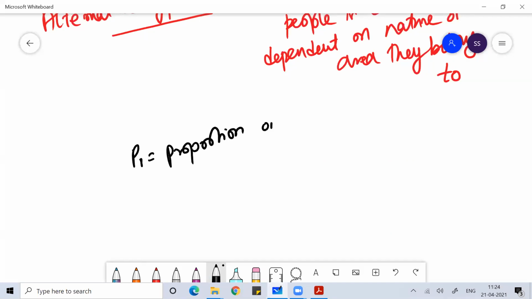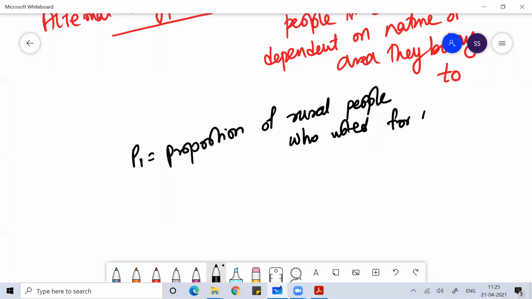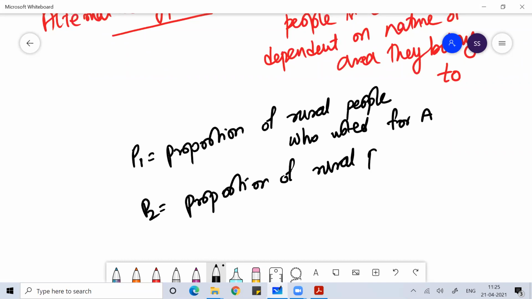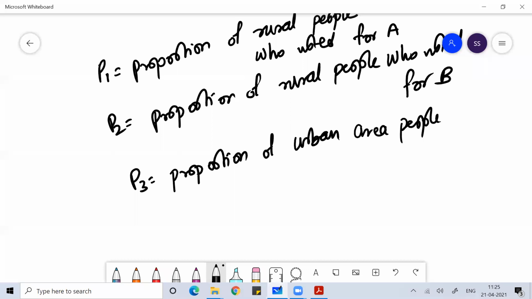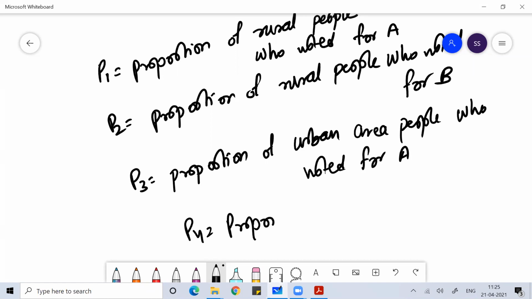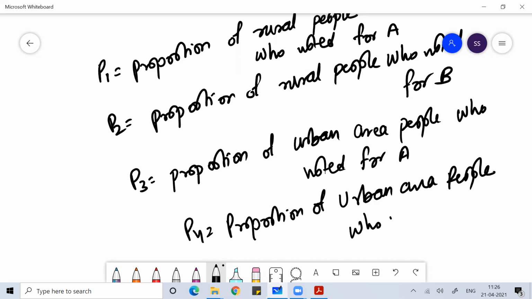P1 is the proportion of rural people who voted for A. P2 is the proportion of rural people who voted for B. Then P3 is the proportion of urban area people who voted for A, and you can write P4 as the proportion of urban area people who voted for B.